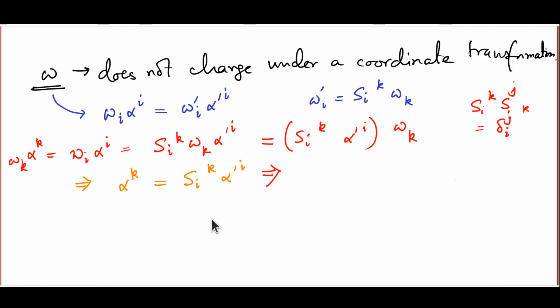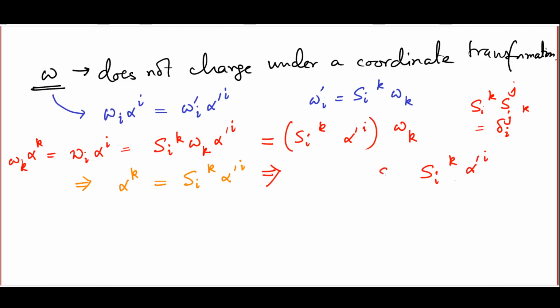This is rather trivial, but this is also pretty important. So let me just explain this in some detail, perhaps unnecessary detail. If you want to get rid of the S from this side and move it to the other side, what you need to do is multiply by or contract it with the other kind of S, which will cancel this by bringing in a delta. That much should be obvious. But what is important is that what I have here is S_i^k alpha'^i. Here the i is a dummy index, so that cannot be touched any further.